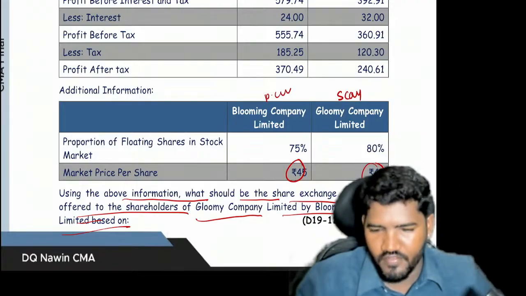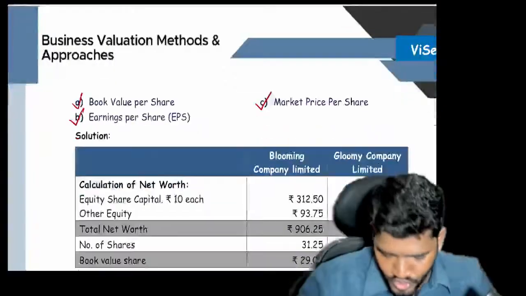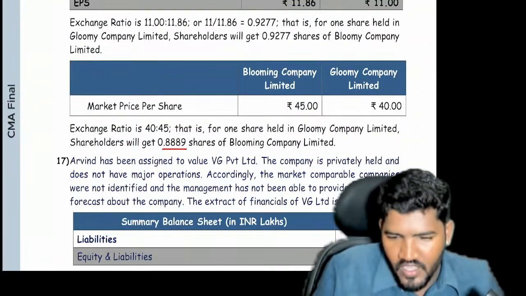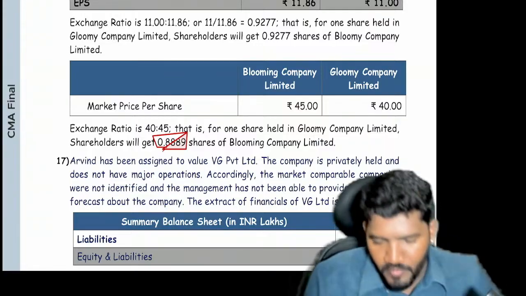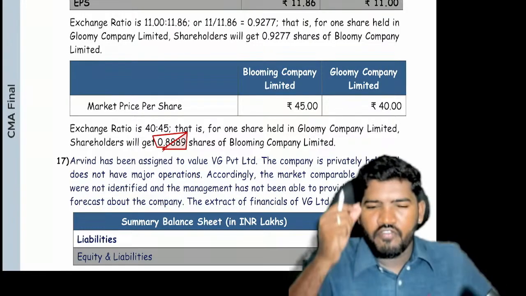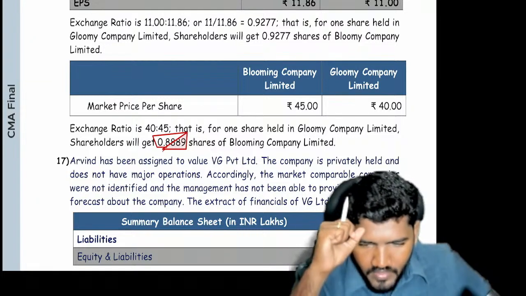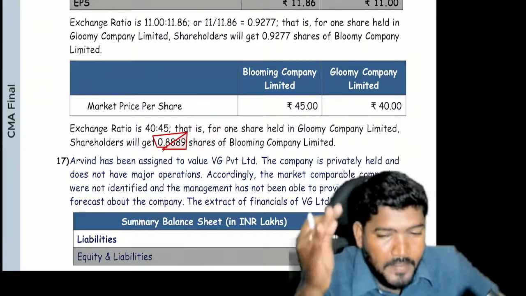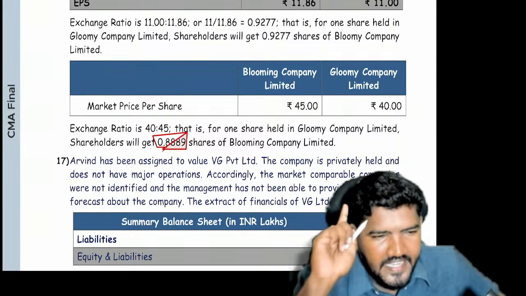This is the selling company, this is the purchasing company. Now from the MPS point of view, swap 40 divided by 45, so 0.889. The meaning of 0.889, listen carefully: for every one share of the selling company, they will receive 0.88 shares from the purchaser.